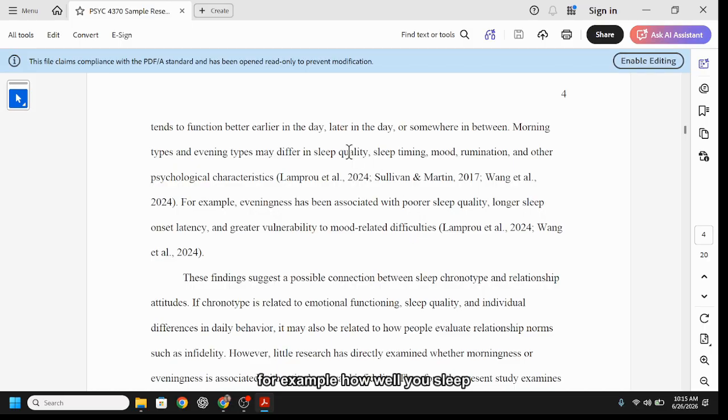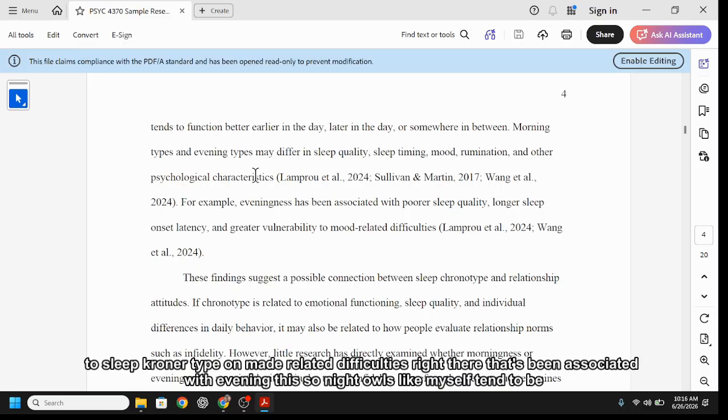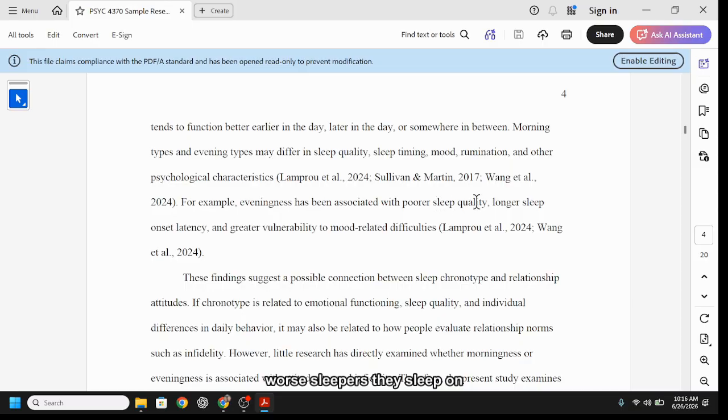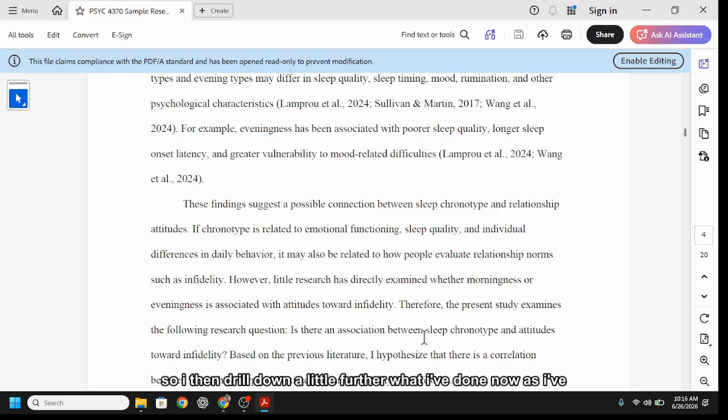For example, how well you sleep, your mood, rumination, and depression have all been linked to sleep chronotype. Mood-related difficulties right there, that's been associated with eveningness. So night owls like myself tend to be worse sleepers. They take longer to fall asleep, and in general, they're more vulnerable to getting bouts of depression and anxiety.